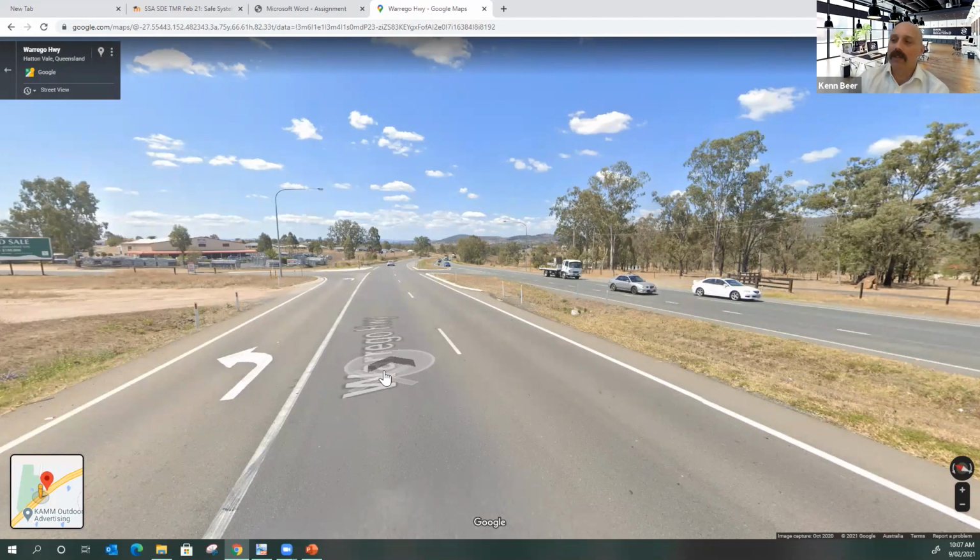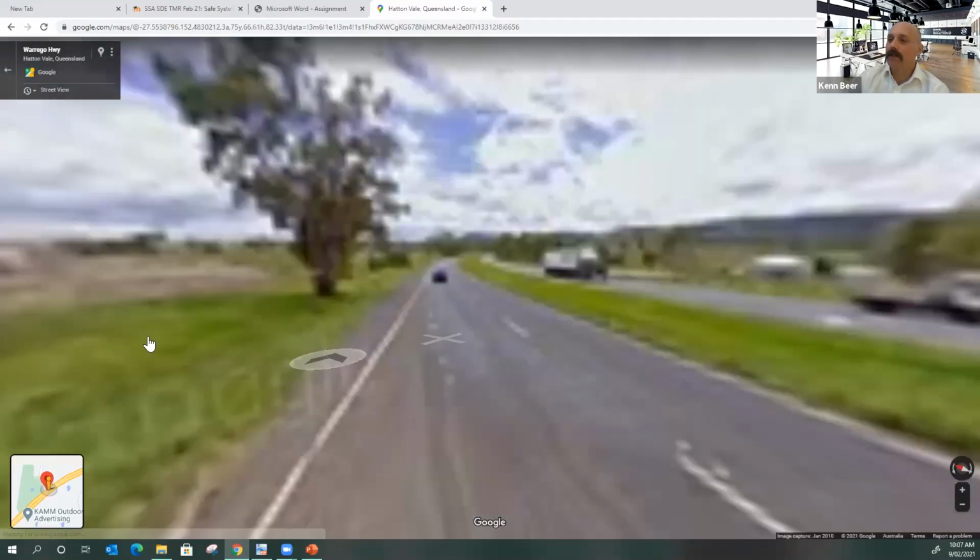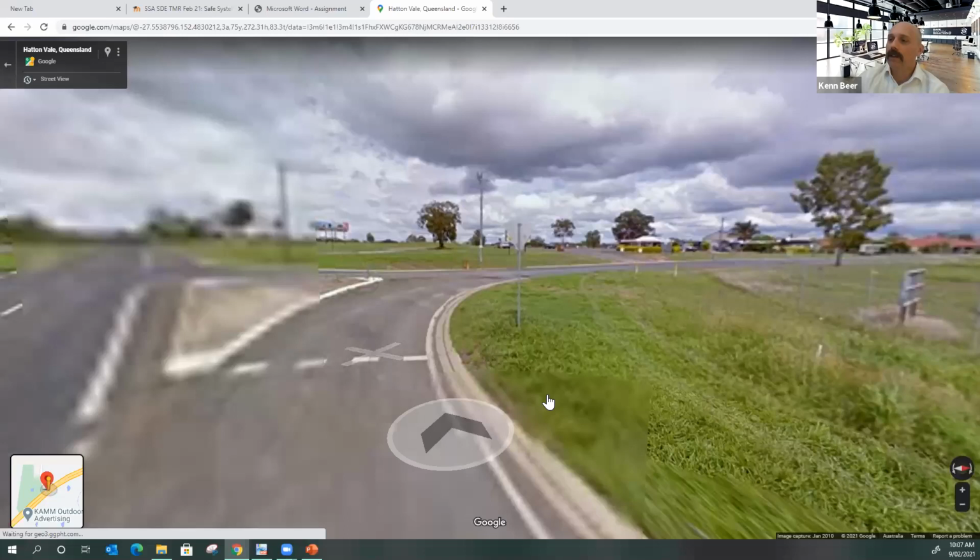First thing I'd say is you've got a left turn lane here, which is going to potentially block sight lines of vehicles that are trying to exit. You've got 2 lanes to cross uncontrolled, so there's an increased chance of a crash happening there. If we go up a bit further, I'm just going to turn around here.